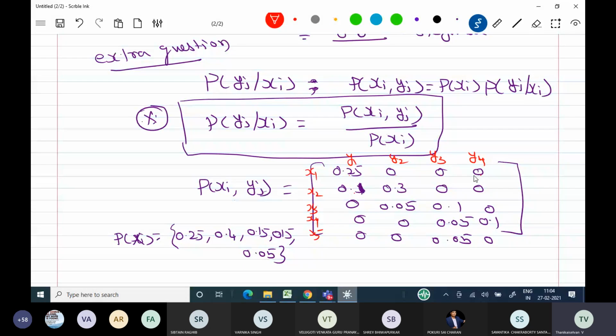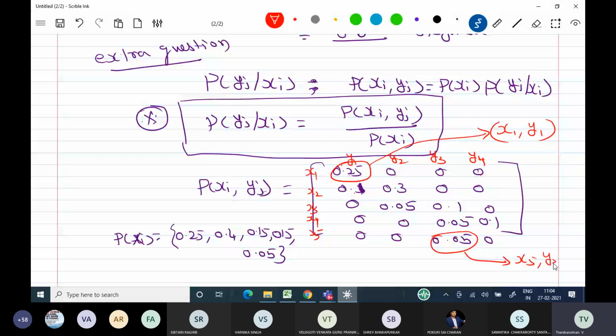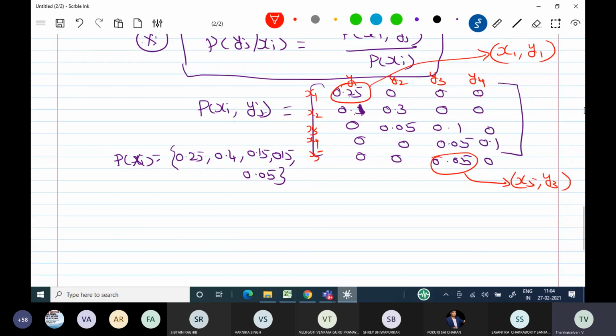For example, this coordinate is x1 comma y1, and this coordinate is the fifth row, third column. Please note down like this, for your understanding only. Most of you may know about this, anyway you should know.